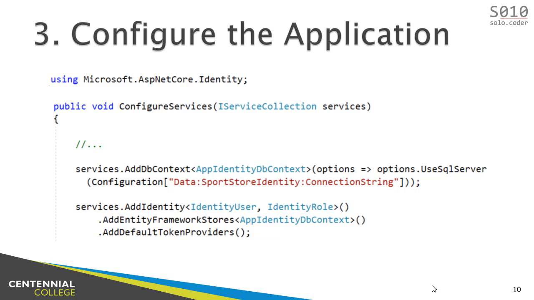Remember that in an MVC application, or a .NET Core application, we add services that we want to use. We add MVC, we add authentication, we add the services that we want to use, and we configure them. So here, I'm saying that I want to add identity, identification, authorization to this application.